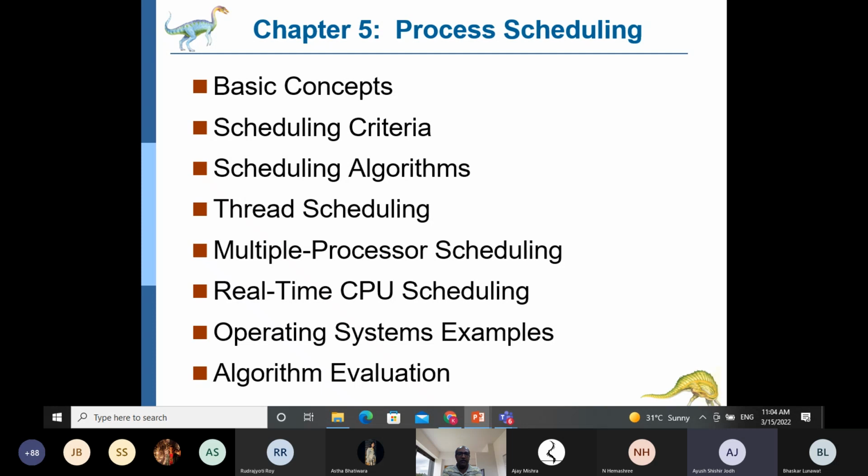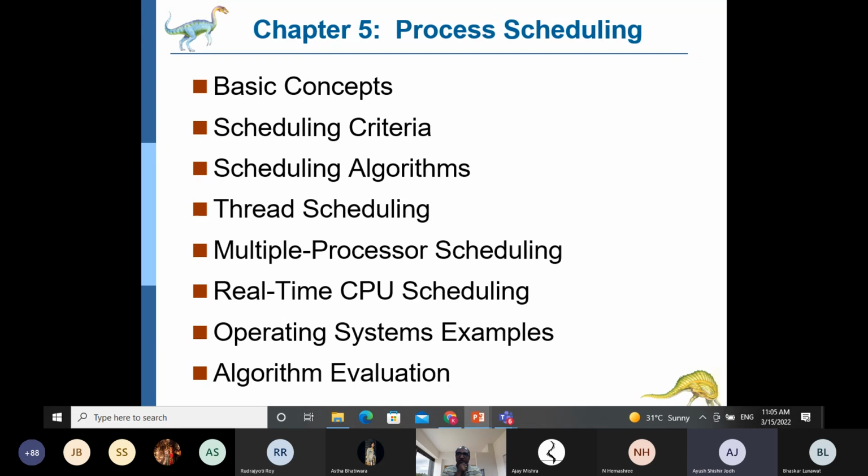right, in a multi-threaded environment. So in that context, we discussed threads and various aspects of threads, like the concept of threading, how it will be implemented, how the threads are created and controlled.